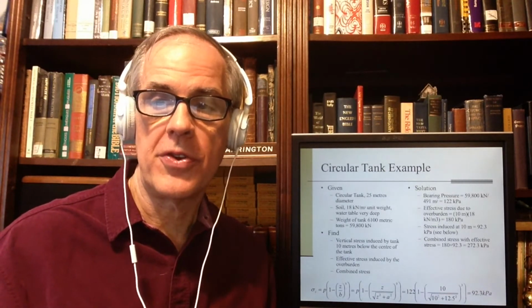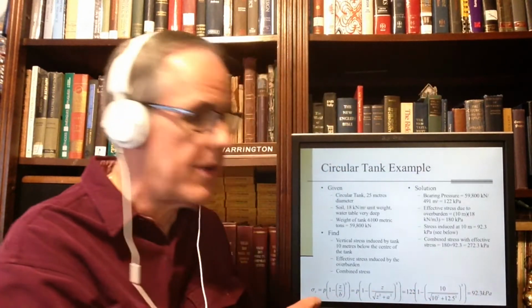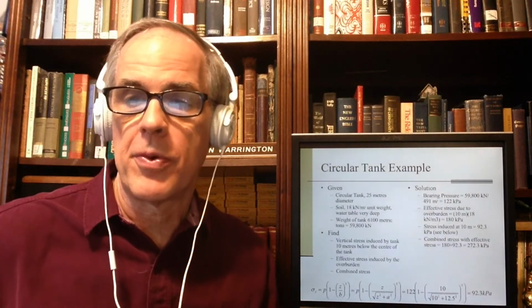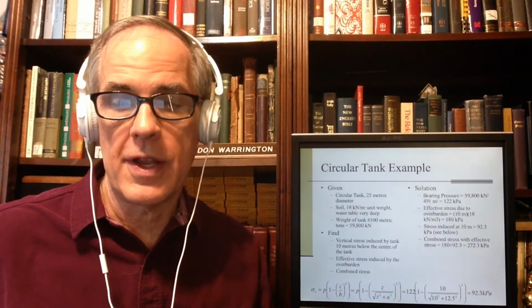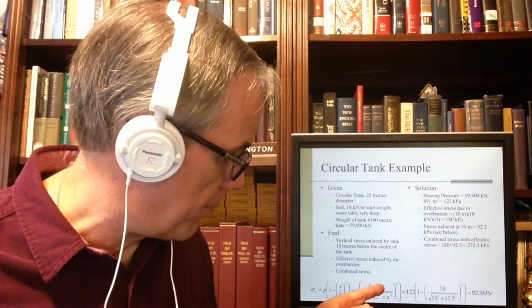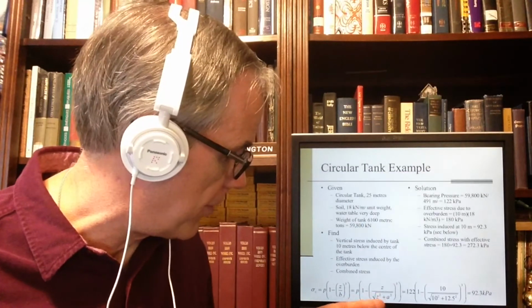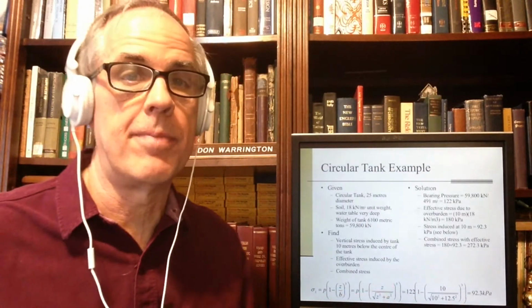The stress induced at 10 meters, and we just plug and chug this equation down here, is equal to 92.3 kPa. We see that Z is the distance below the center of the foundation. Z plus A, where A is the radius, by the way.